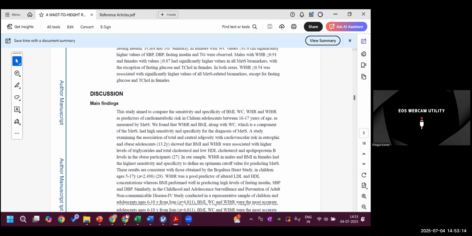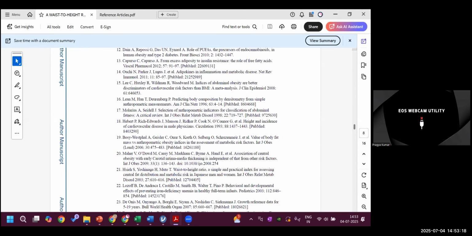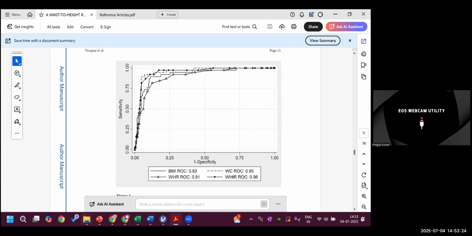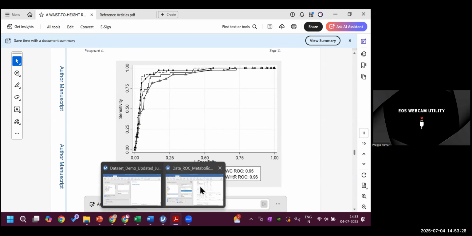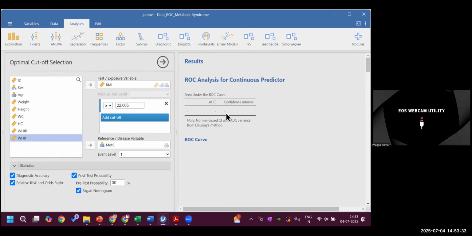So if you see the result, if I go down, it's there, the plotting of the ROC curve. I'll open the data set.